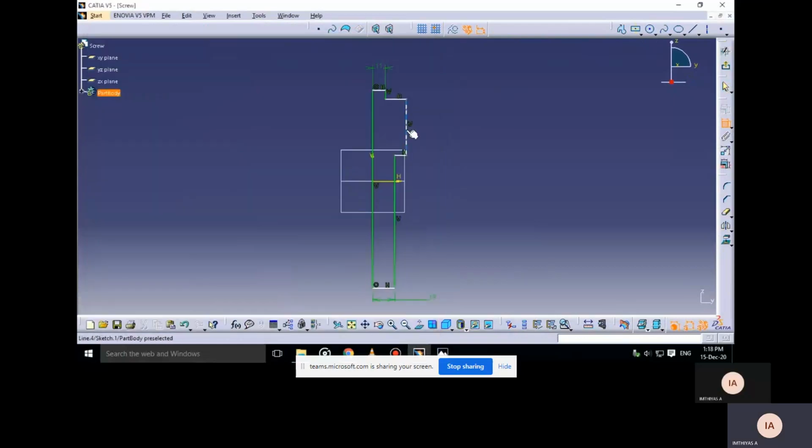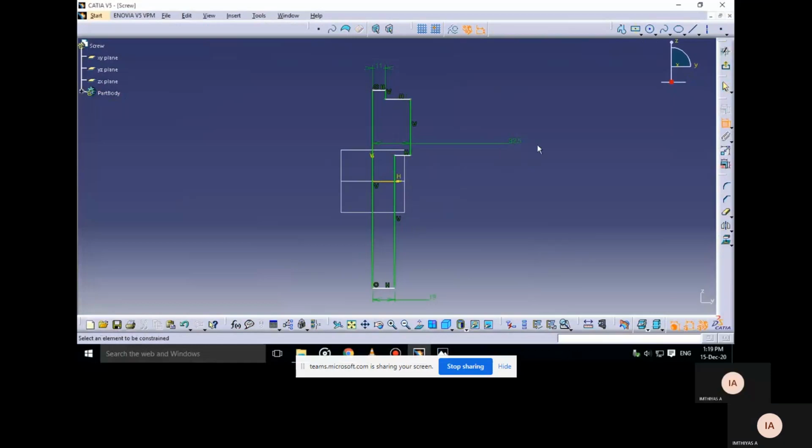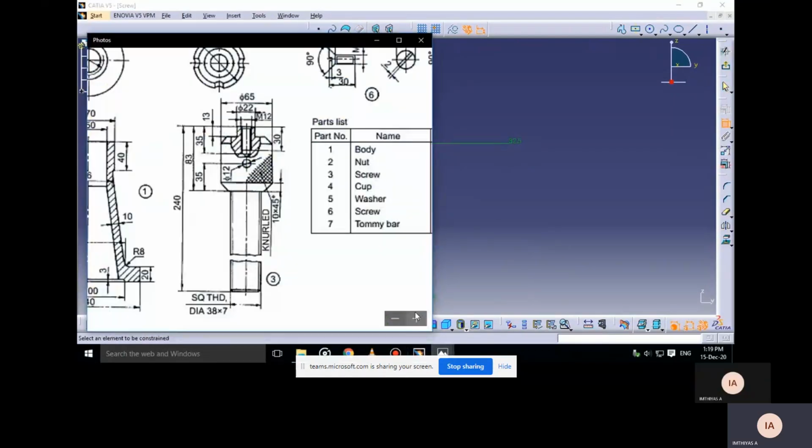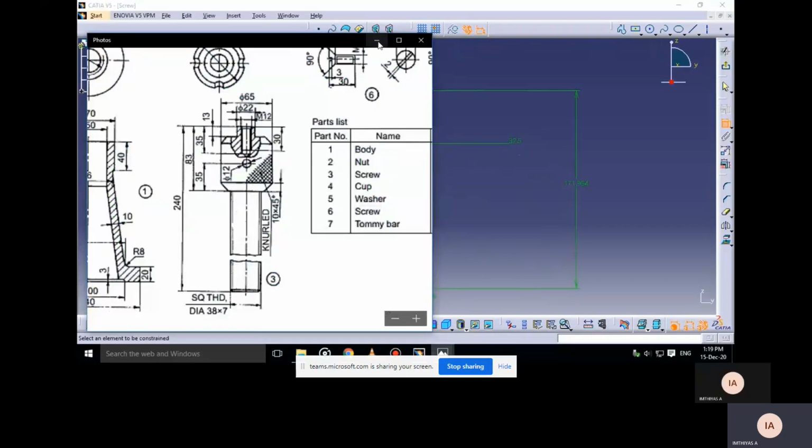Half of dia 22 is 11. And then from the top it is 83. Total height is 270. Yes, it's 240.